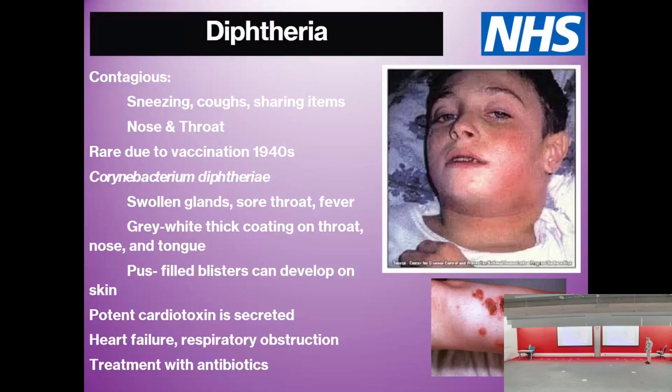But you can also get pus-like blisters, which can be infectious as well at the same time. And again, if untreated, can lead to heart failure. So again, this sort of thing could potentially have killed you pre-1940s, if you like. And again, treatment with antibiotics is what we do.